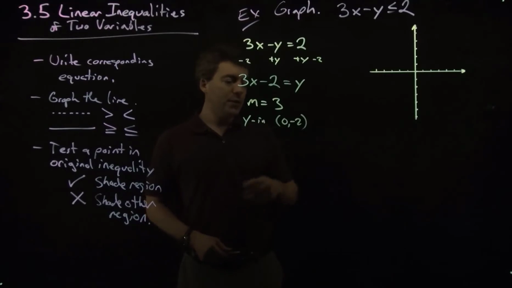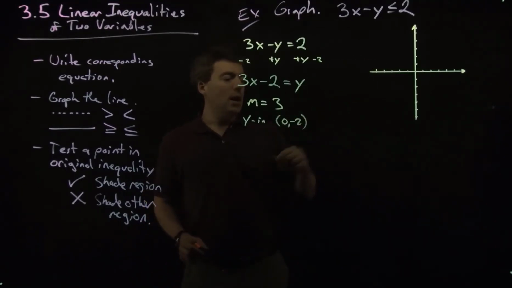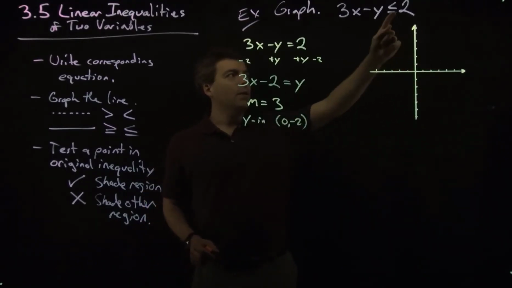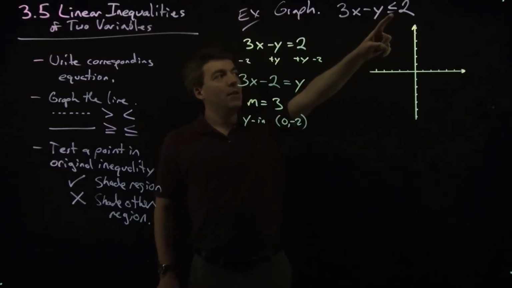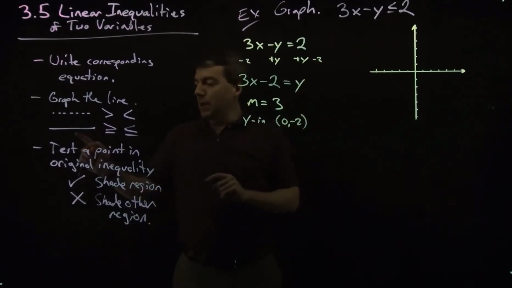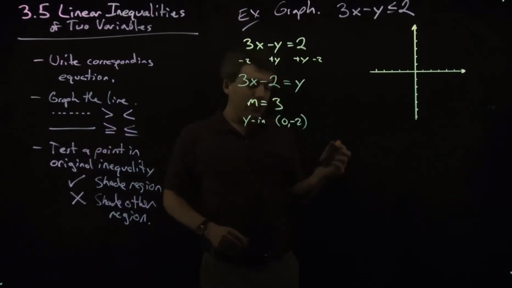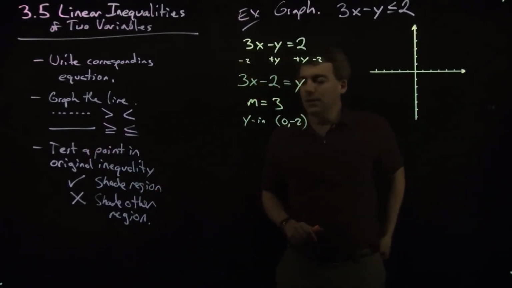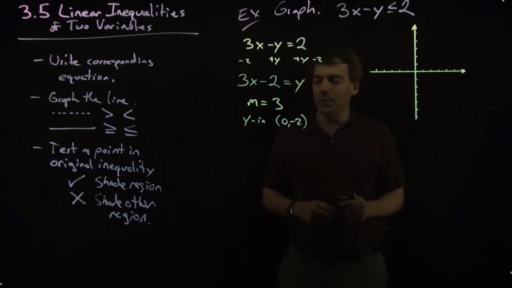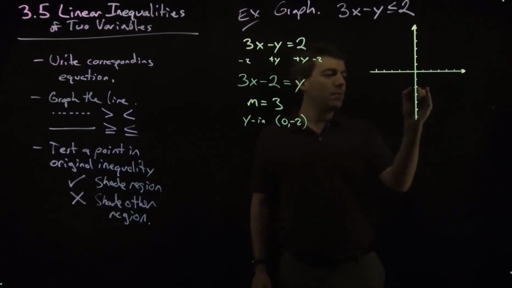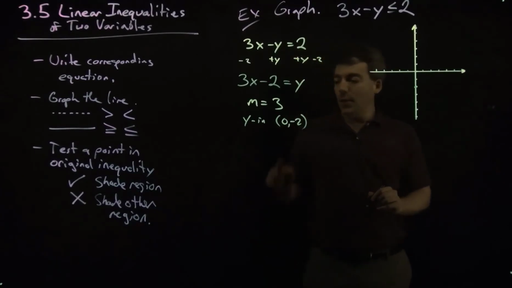All right, so let's go ahead and plot this on our graph. Now we have to be careful. We have a non-strict inequality, so that means we're going to graph with a straight line. So let's start with a y-intercept, 0, -2, and then we have a slope of 3.